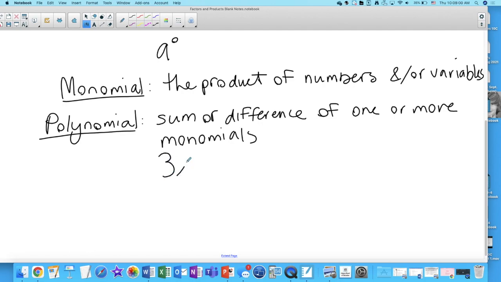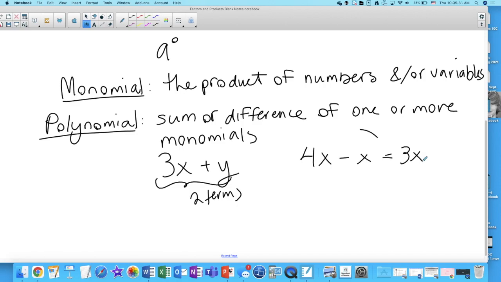If I did something like this, okay, what if I did 4x minus x? How many terms in there? It's 1. Yeah, because this simplifies to 3x, okay? So this is actually 1 term.